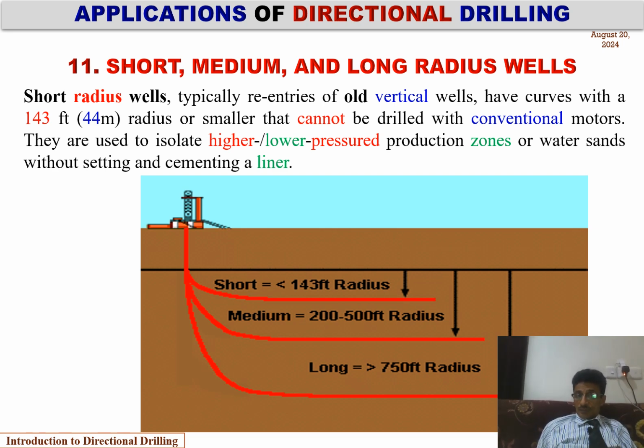Short radius wells, typically re-entries of old vertical wells, have curves with 143 feet or 44 meters radius. For the medium horizontal well, it is from 200 feet to 500 feet. For long, it is more than or equal to 75 feet radius.